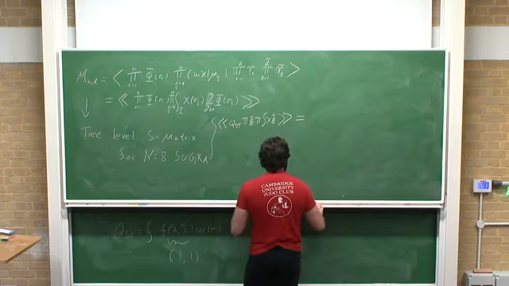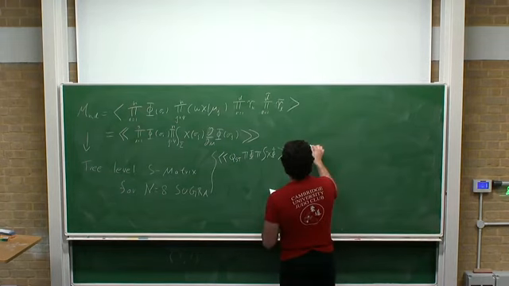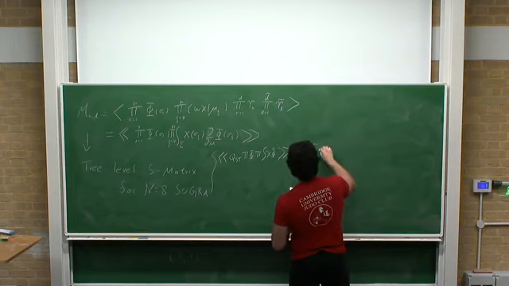So what is this? Well, this is easy to compute. It's just a contour argument.